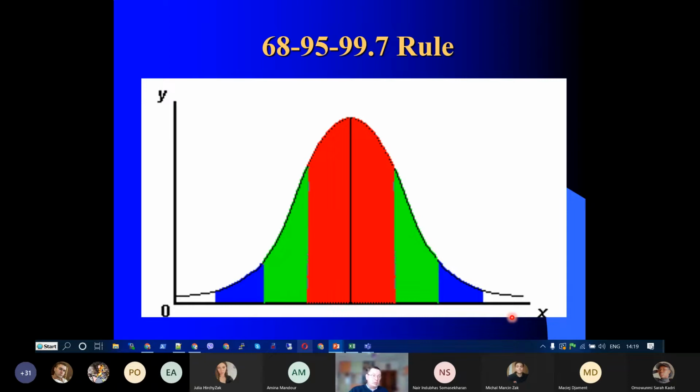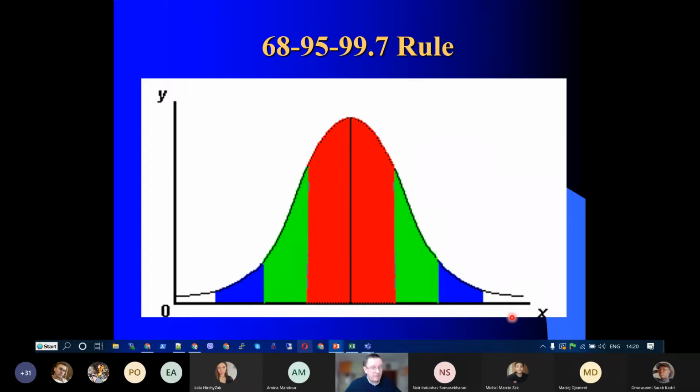To provide a conclusion and have evidence that our data fit normal distribution, it must fit 68, 95, 99.7. So 68 percent of our data must be within 1 standard deviation from the center, 95 within 2 standard deviations, and almost entirely all of the data set, 99.7, must fit inside 3 standard deviations from the center.